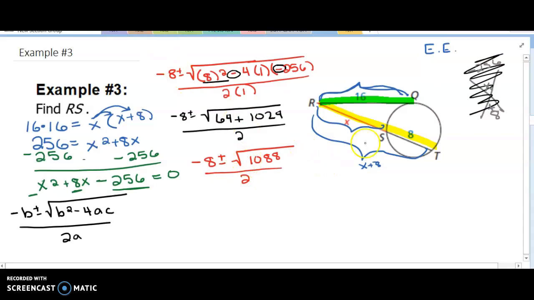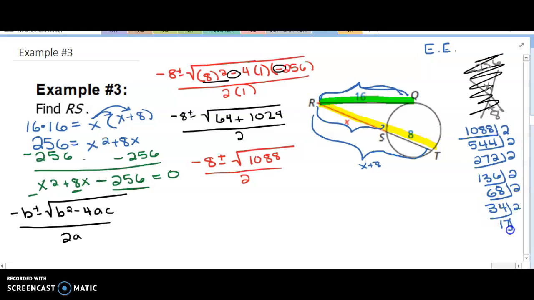Okay, now I want to break down 1088. I want to simplify it. So 2 goes into it, obviously it's an even number, 544 times. 2 goes into that, 272 times. 2 goes into that, 136, 68, 34, 17, 1.